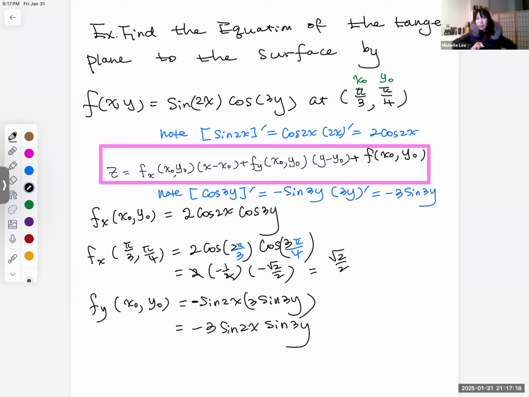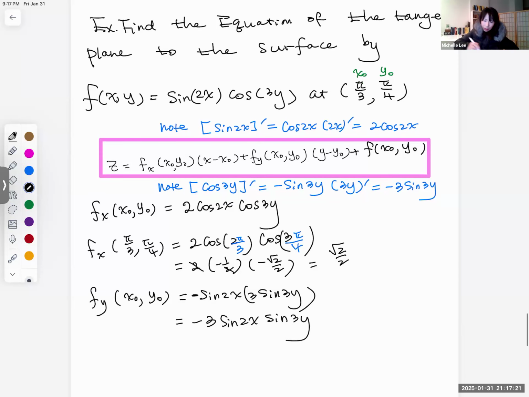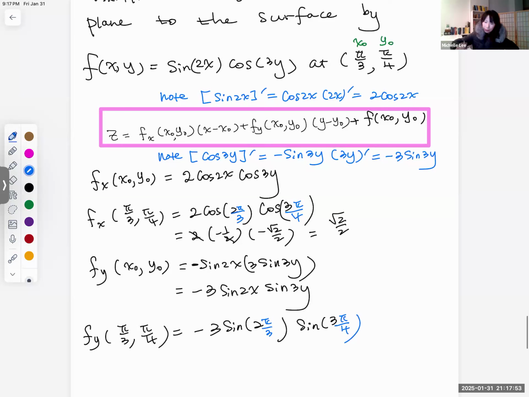Okay, let us evaluate at x naught, y naught, right? So that would be pi over 3 and pi over 4. So negative 3 sine 2 pi over 3 and sine 3y, y equal to pi over 4. Okay, so we have negative 3 sine 2 pi over 3, which is square root of 3 over 2.